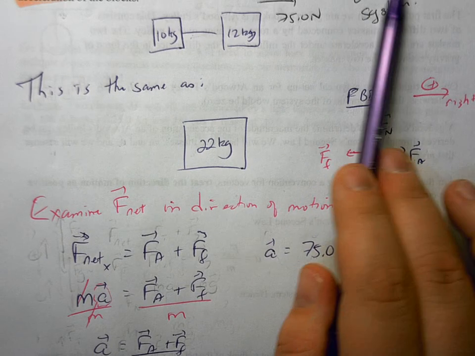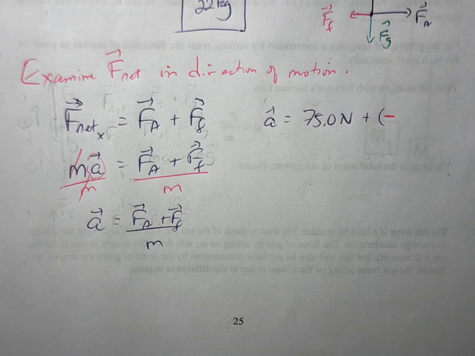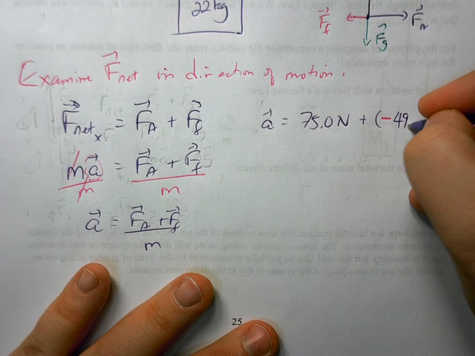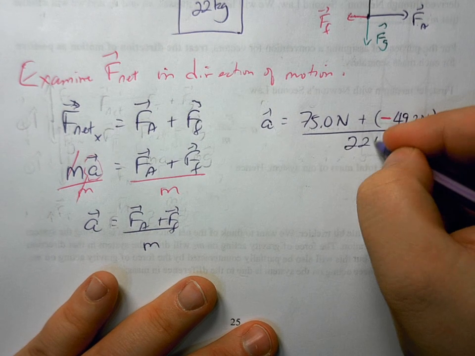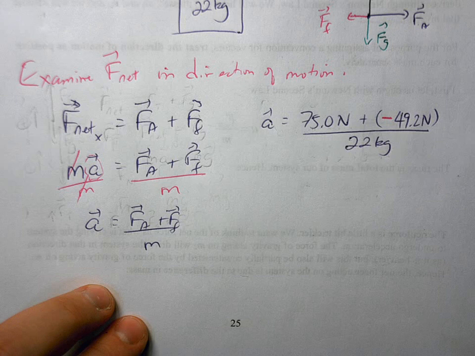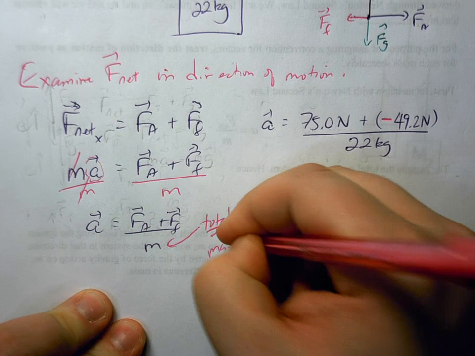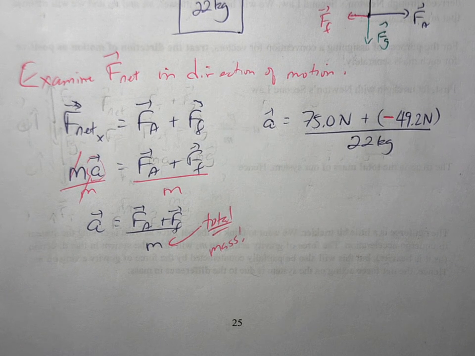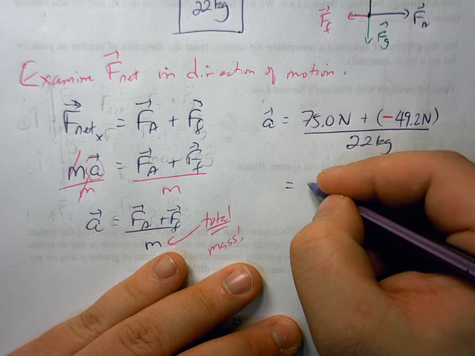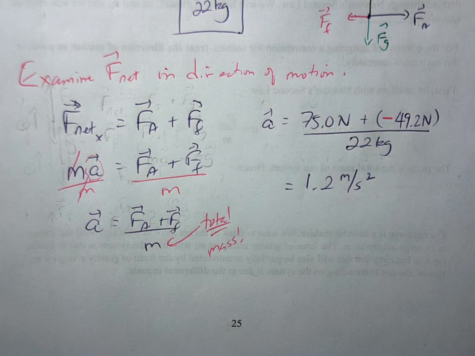So where we have this 49.2 newtons, that has to go in as a negative, since it's counteracting the motion. And then we're going to divide this by the total mass of the system. So I should probably also emphasize this as the total mass. So we got this 75, we're adding to this negative 49.2. We're going to divide by 22. So we're going to get about 1.2 meters per second squared.